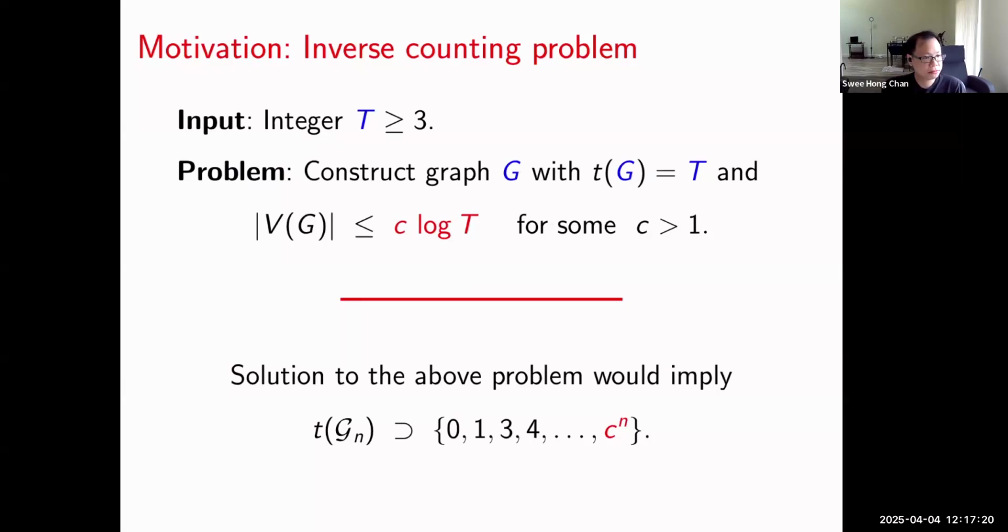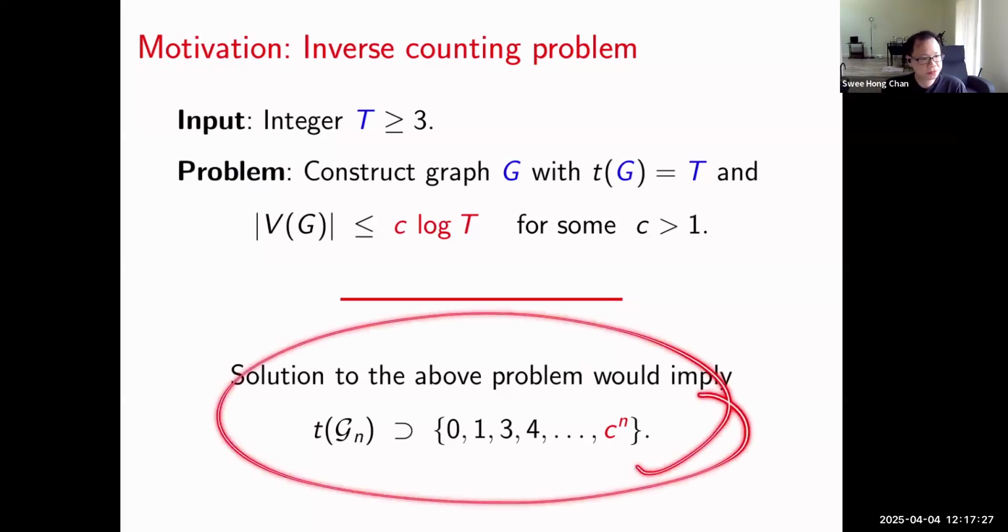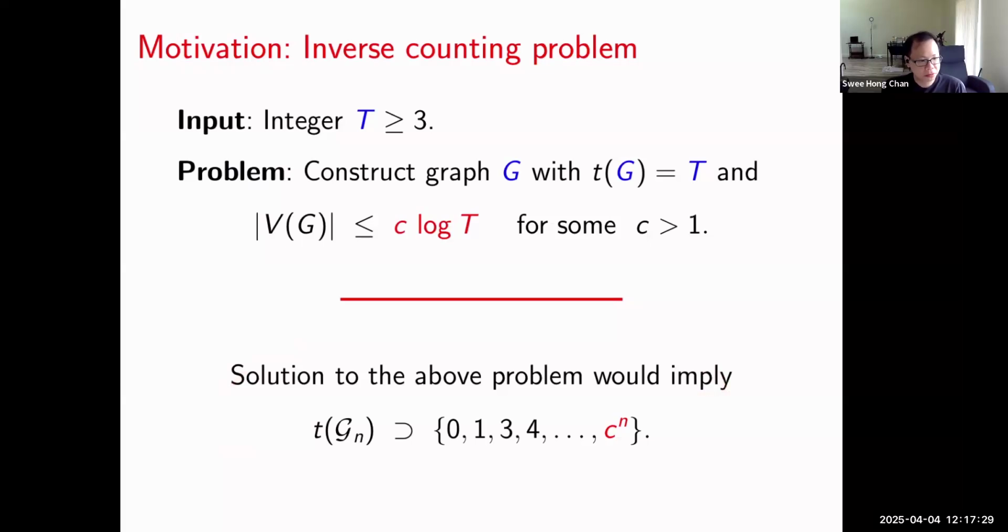And the philosophy here is that we should first aim to solve the easier problem. Then once you solve the easier problem, you see, how about if you take the easier problem, do some modification, and see if we can solve the harder problem. That is the philosophy we are going to follow for today's talk.